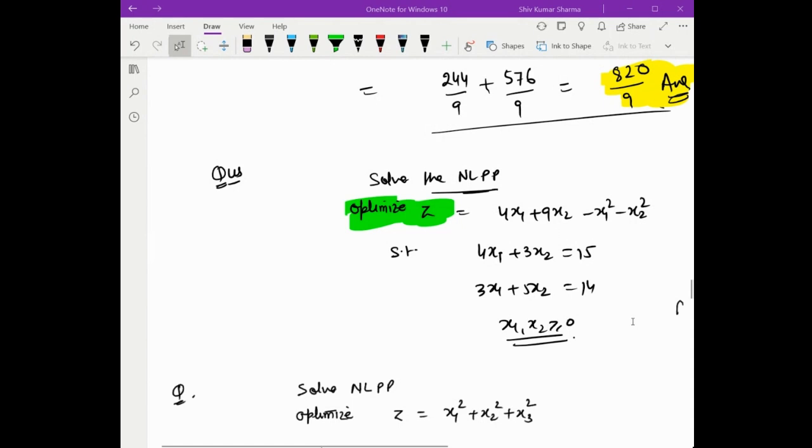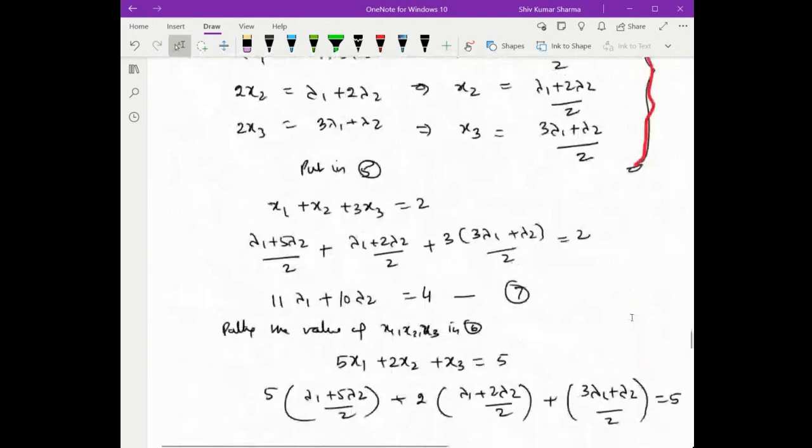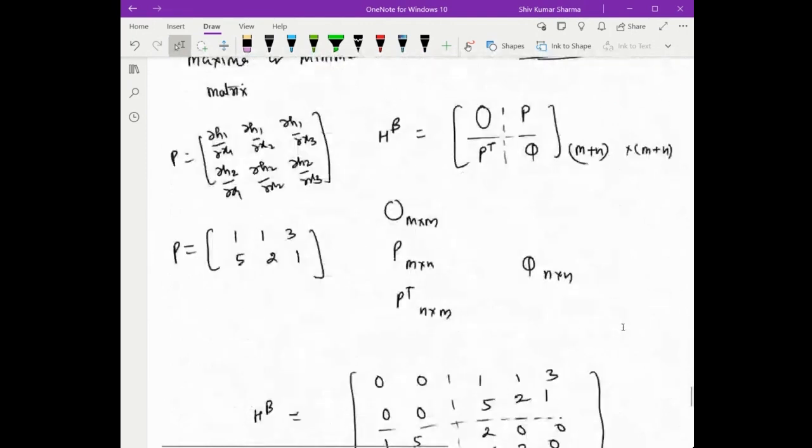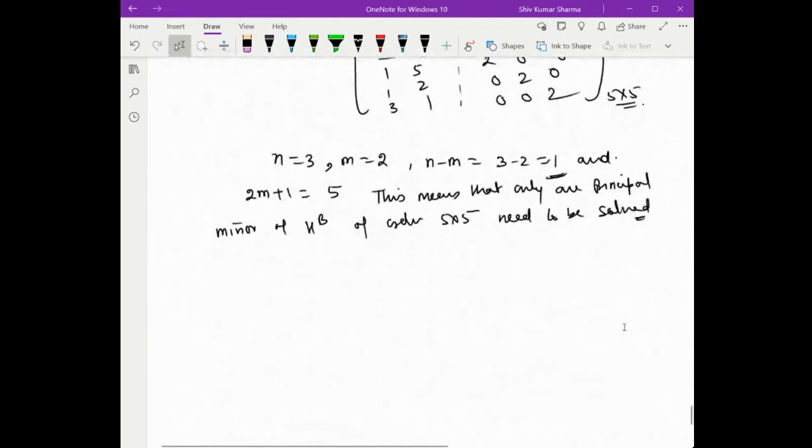If a problem is given as maximization or minimization, we solve directly. For maximization, we have to check the sign. What is the sign?